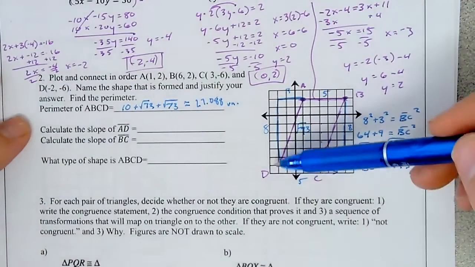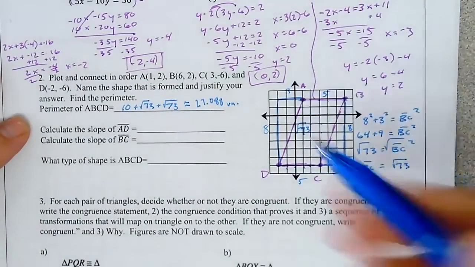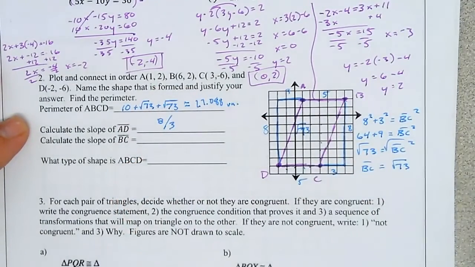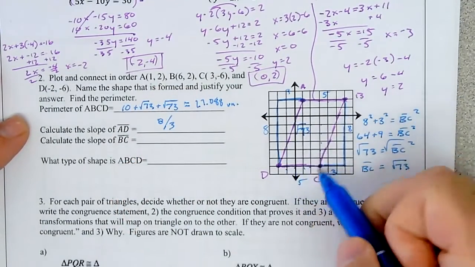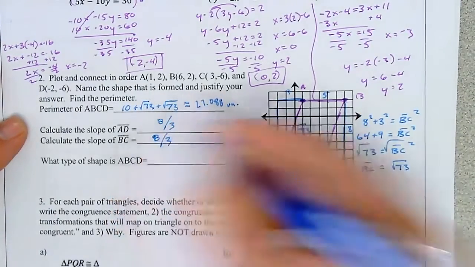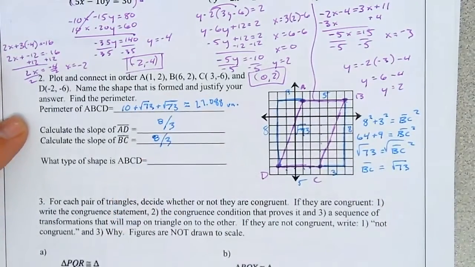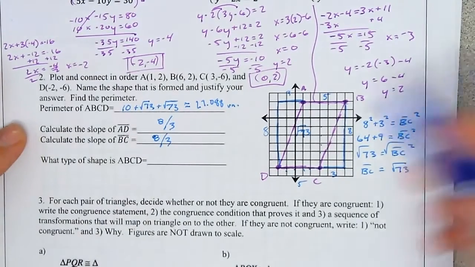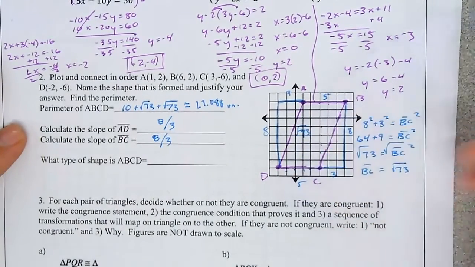Slope of AD now, we're going up 8 to the right 3. So I get a slope of 8/3. Slope of BC is up 8 to the right 3. Gives me 8/3 again. So determining the shape now, square root of 73 is about 8.5.